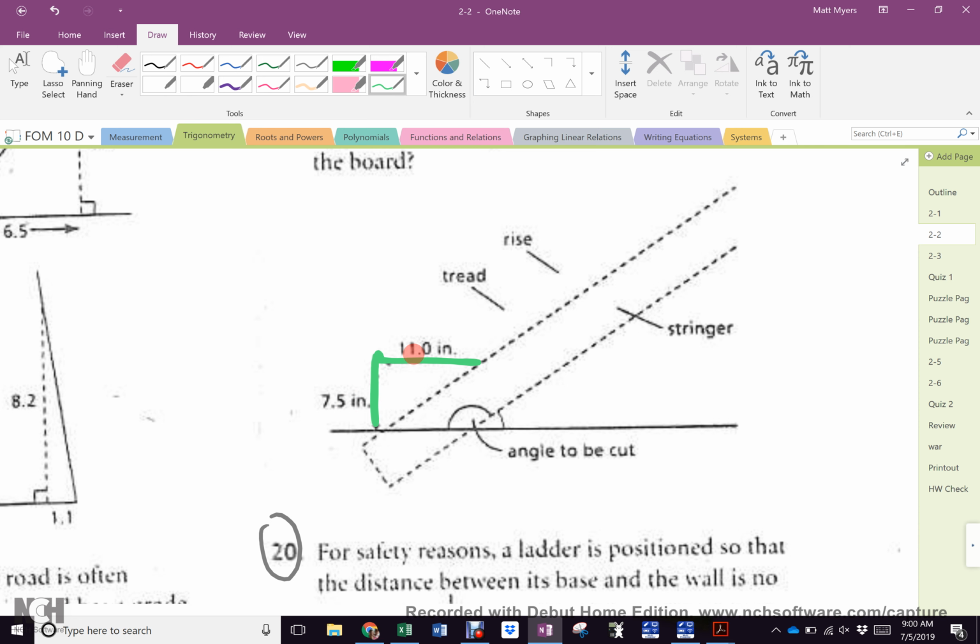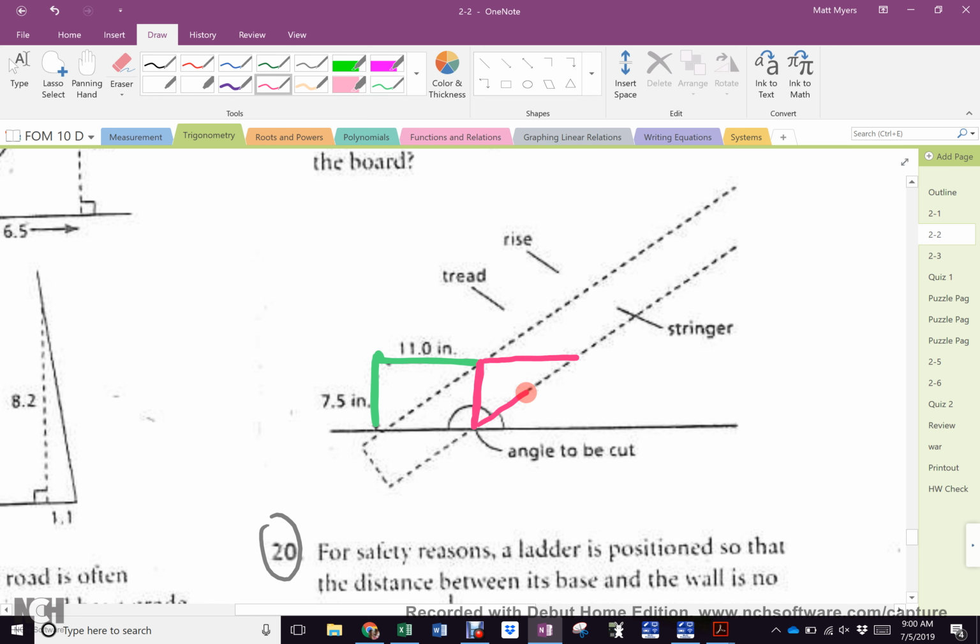Okay. So what is this triangle side? How long is that pink line? 7.5. It's the same as this one, right? How long is that pink line? 11, because it's the same as that green line, right?